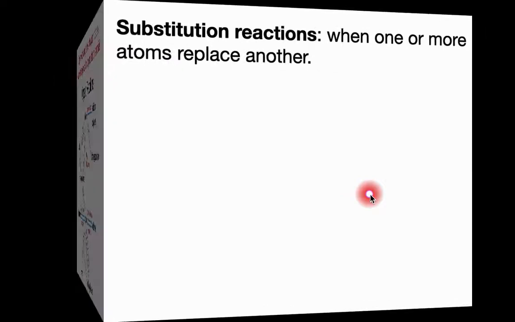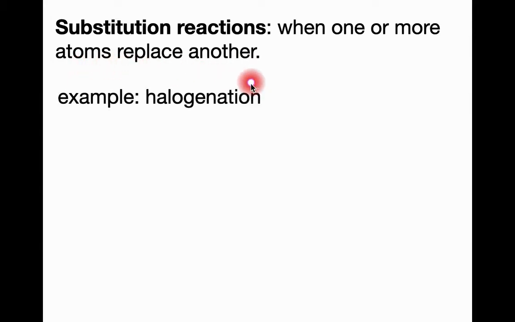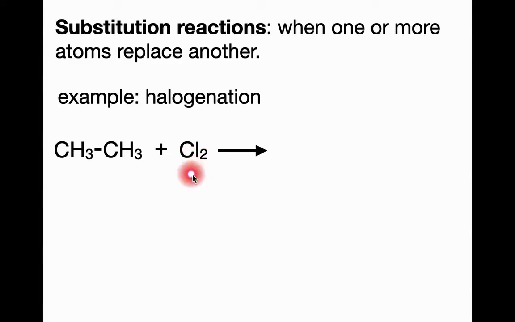Okay, the first, substitution reactions, when one or more atoms replace another. An example, halogenation. In a halogenation reaction, we have an alkane that reacts with a halogen. We're just using chlorine as an example. Now, in order for this reaction to take place, we need ultraviolet light, and that will be the energy that's necessary to break the bond between the two chlorine atoms.